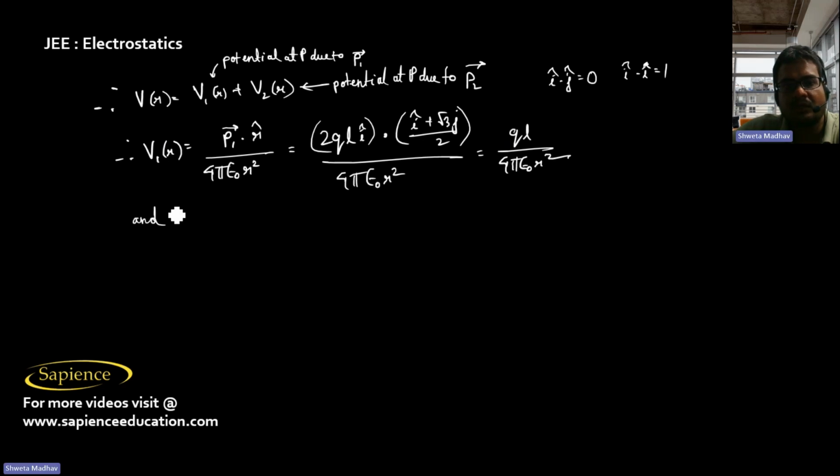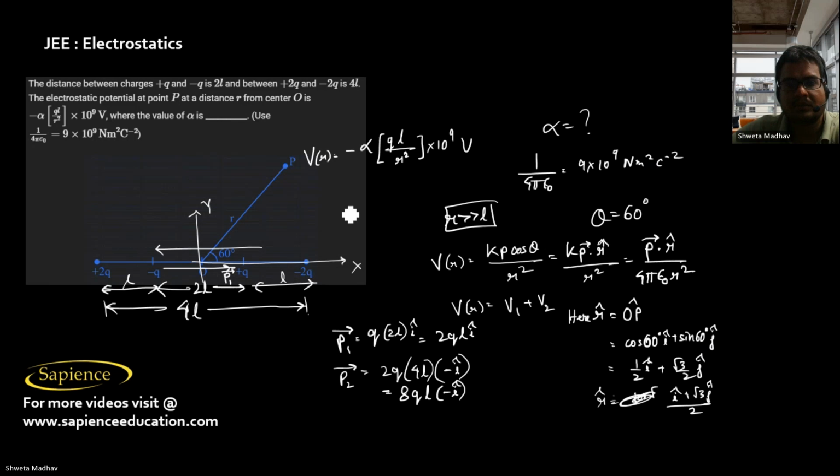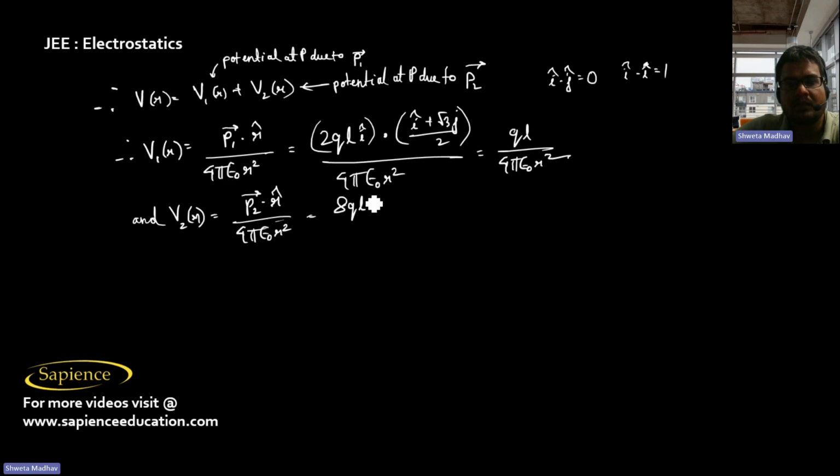And similarly V2 of R, that is the electrostatic potential at point P due to the dipole P2, will be P2 vector dot R cap by 4 pi epsilon naught R square. So this will be 8QL into minus I cap dot product with I cap plus root 3 J cap by 2, by 4 pi epsilon naught R square.